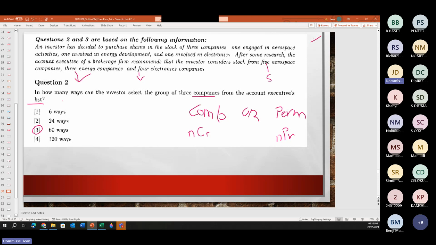I will get the page number for you, and before I send the presentation to the WhatsApp group, I will add the page number, so that you can go and check how you would have worked it out.